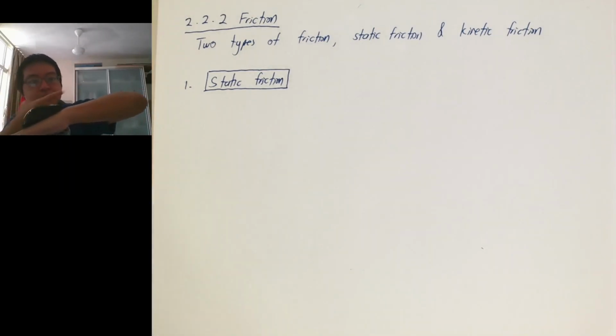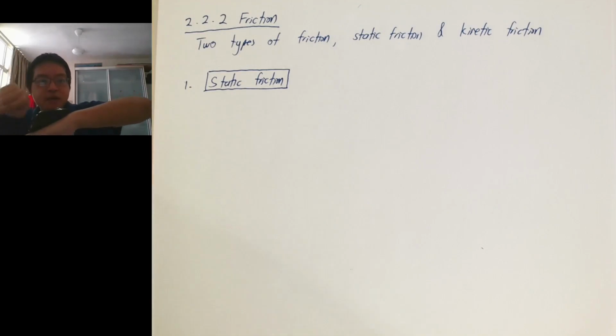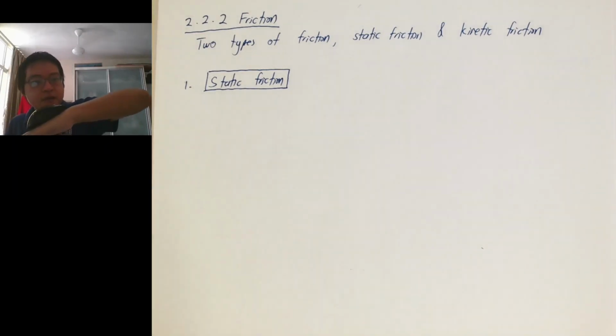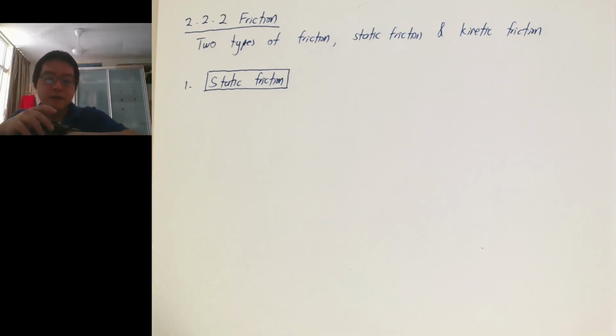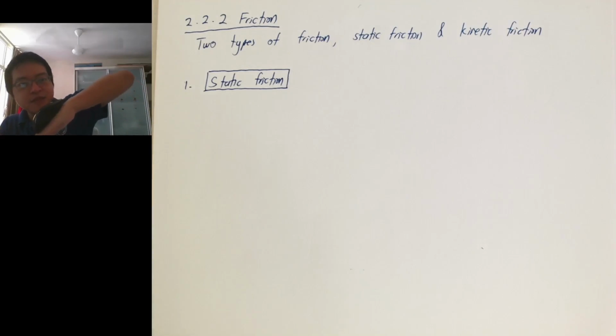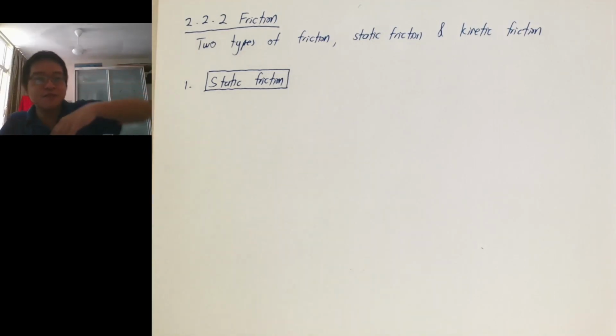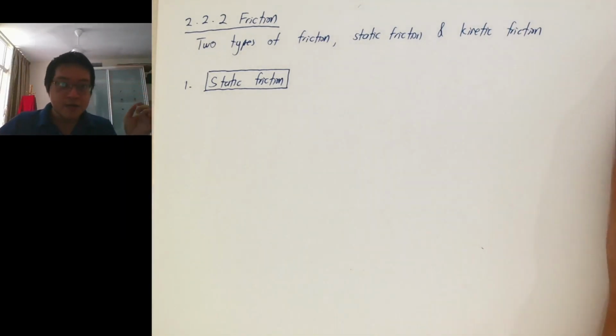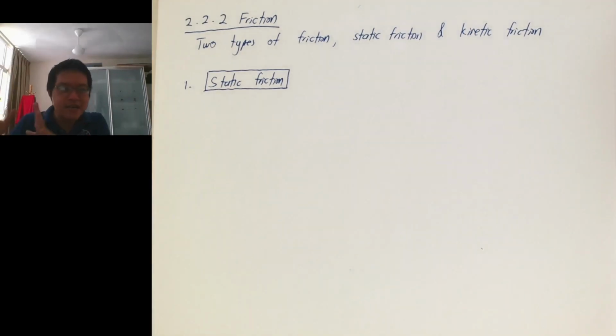There is some other force to cancel the mg sine alpha, and that is the friction. Okay, so that is static friction. But of course, if I increase the angle too high, it will eventually start to slide down. So static friction can only last until a certain point, and then it will start to slide.